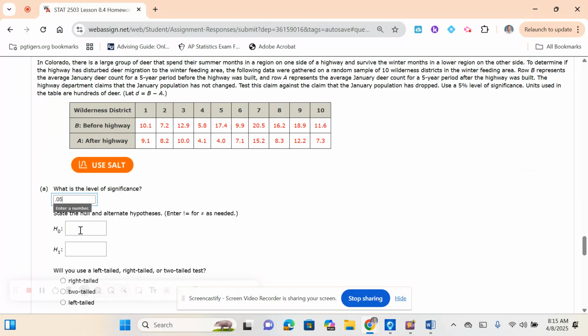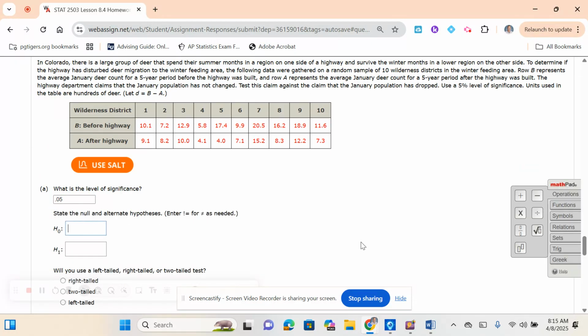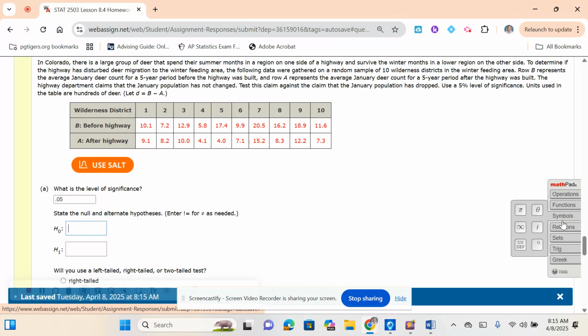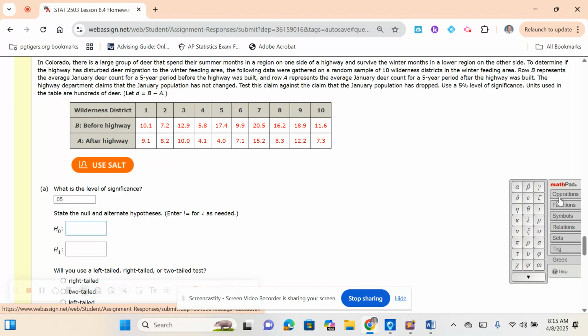Now, state the null and alternate hypothesis. You're going to have to do something a little different here. You're going to use mu, but you need to have the subscript. I've got to find that in here because I need to do a subscript.